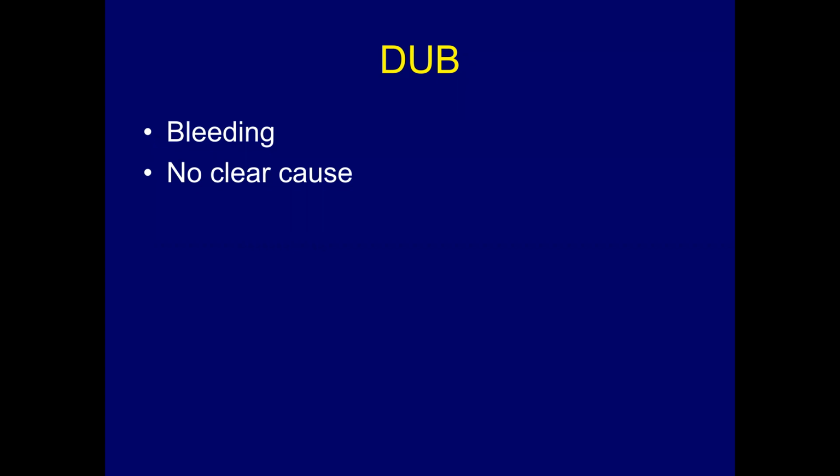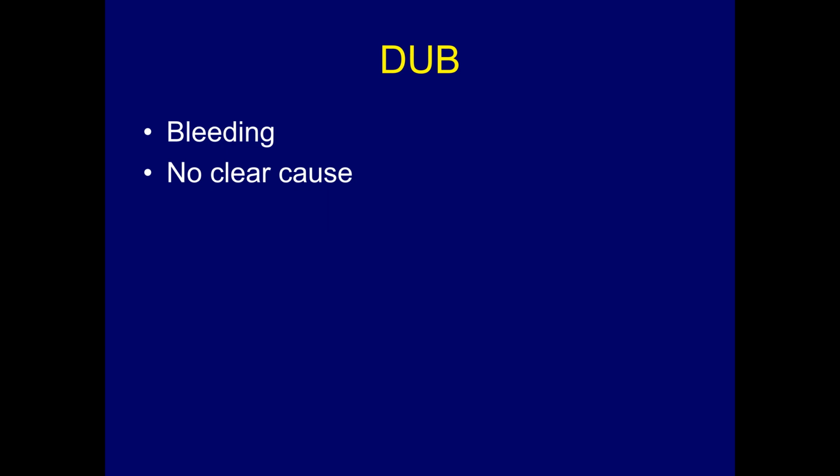And if they don't have any of these, we end up with a diagnosis called dysfunctional uterine bleeding. So they have clear symptoms of menorrhagia, of abnormal bleeding, and at the same time, we did not find any clear cause. So before we put them in this category, we have to be sure that the list we've been discussing and showing in all these pictures has been excluded.